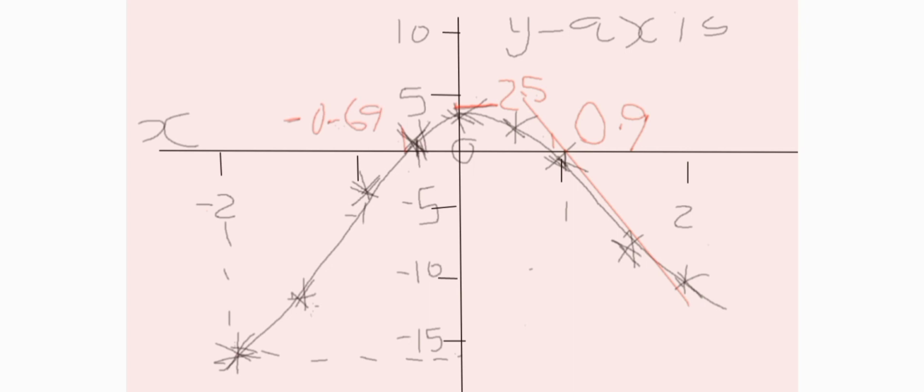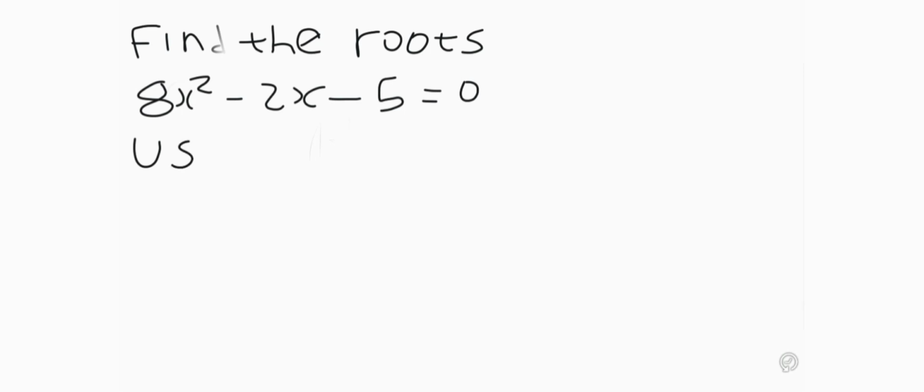Thank you. Okay, now let me show you how to use the quadratic formula to find the root. The equation says 8s squared minus 2s minus 5. The question asks us, from your graph, to obtain the root of the equation 8s squared minus 2s minus 5 equals 0.